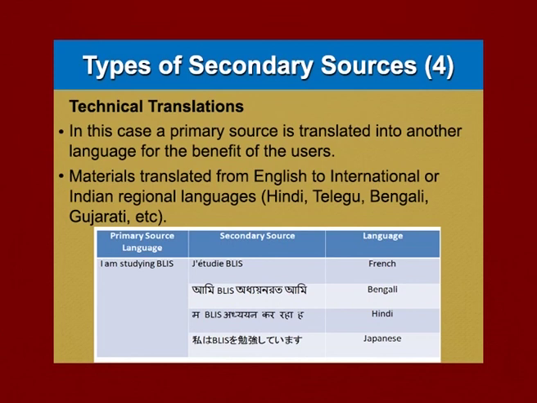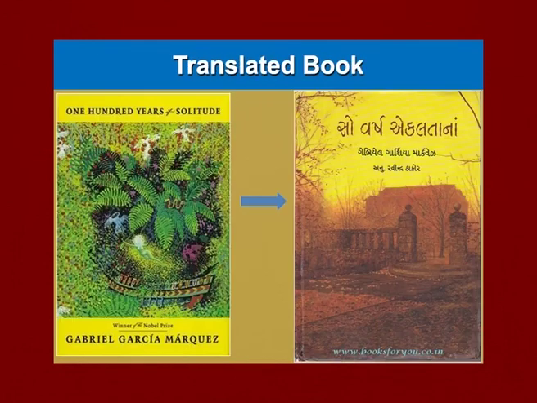Similarly, entire books or articles written by some researcher or intellectual personality are transformed into the form of a document. An example is 100 Years of Solitude by the Nobel Prize winner Gabriel Marquez, converted into a Hindi book. So this is an example of translated books.